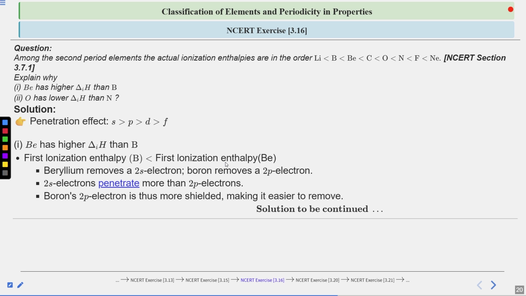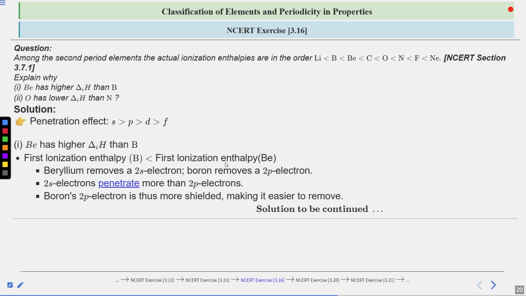Now, since your 2s electron is penetrated, what is the sense of penetration? It means it is closer to the nucleus. If it is closer to the nucleus, that means the electrostatic force of attraction is high. Therefore, it is difficult to remove the electron in the case of beryllium as compared to the boron. And therefore, the first anomaly is explained.